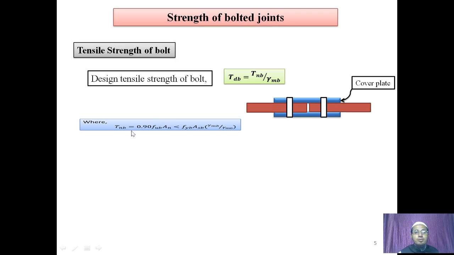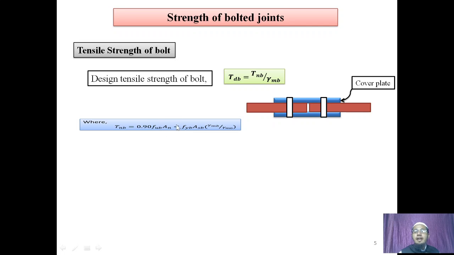Now, why this 0.90 factor? Because at the time of fracture, the member or bolt will crack suddenly after reaching its yielding or strength properties. To avoid such failure, instead of taking 100% strength, we reduce it by 10% and take 0.9 times, or 90%, of the tensile strength of bolt at the net section area.